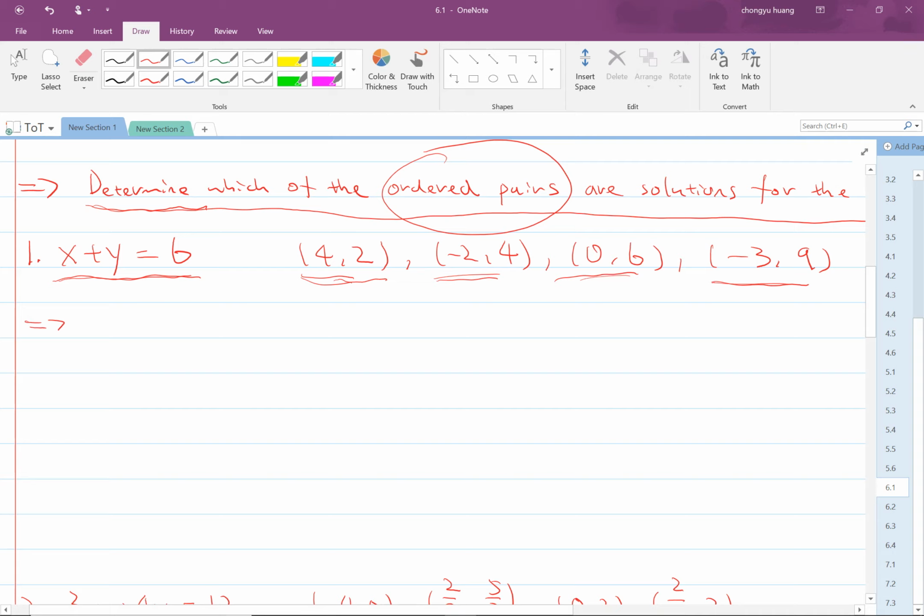The method is simply plugging in the numbers. We have x equal to 4 and y equal to 2, so x plus y equal to 6 gives 4 plus 2 equal to 6, and 6 equals 6. So of course this point is a solution of this equation.